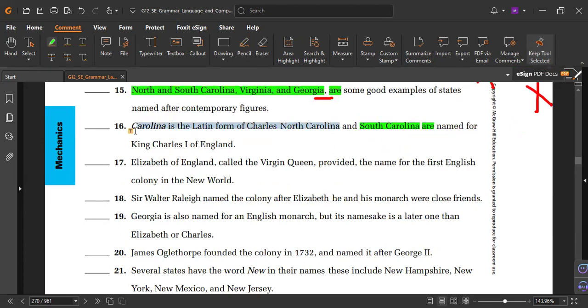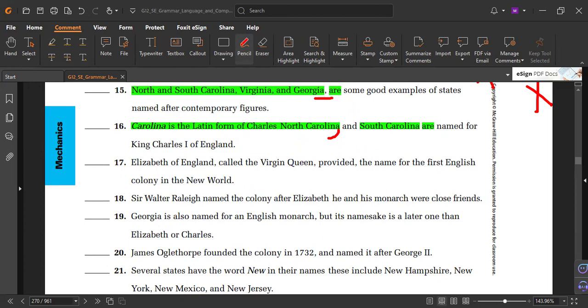That is the first clause, and that is the second clause. So we need a comma before "and" for FANBOYS. Remember, it's before "and," not after "and." That's why, because we need a comma before FANBOYS, not after. Okay.